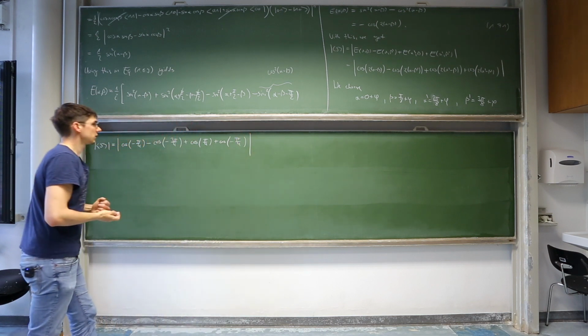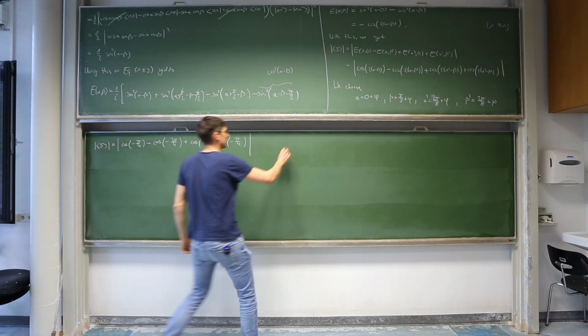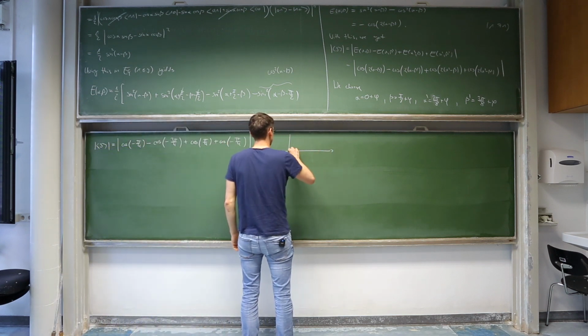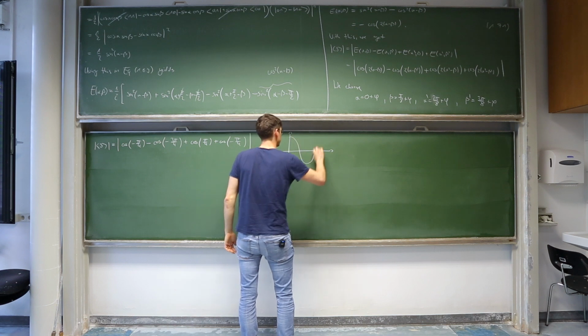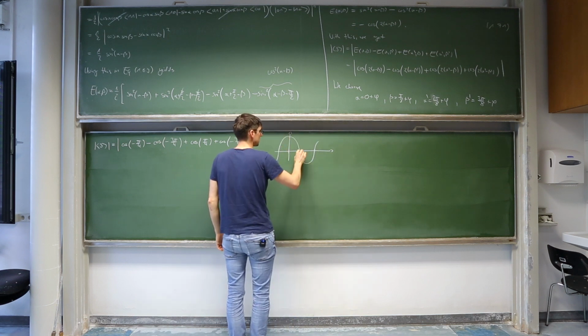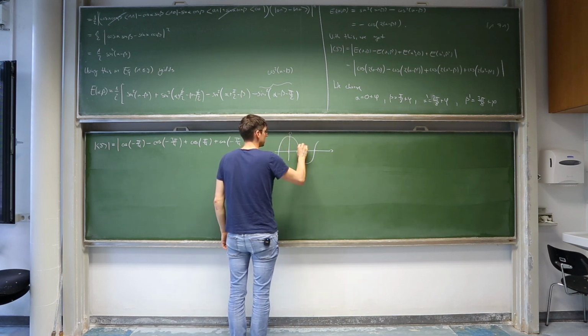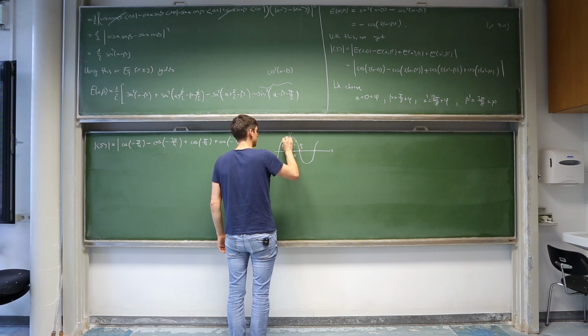Okay, so let's check these values, see what the cosinus is. Here we have pi over 4, where the cosinus is 1 over square root of 2. Same here at minus pi over 4.